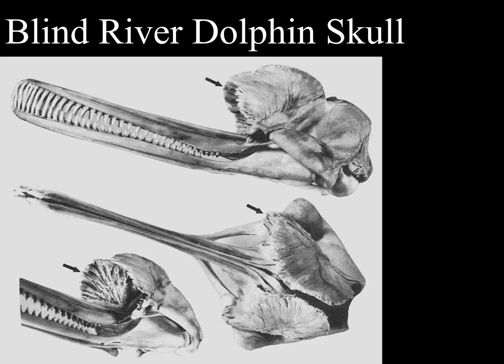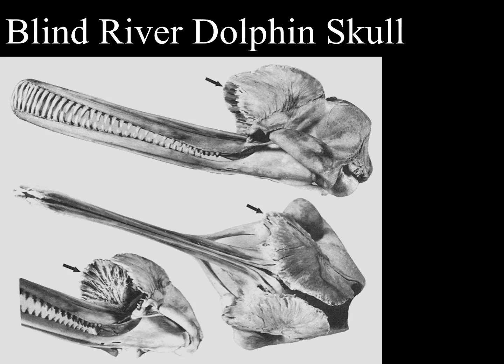This is the skull of a blind river dolphin. River dolphins have evolved independently in major river systems around the world. And the thing is that in the oceans, the water is usually pretty clear. So even though vision may not be quite as useful as it is for us living in the air, it's still pretty useful.